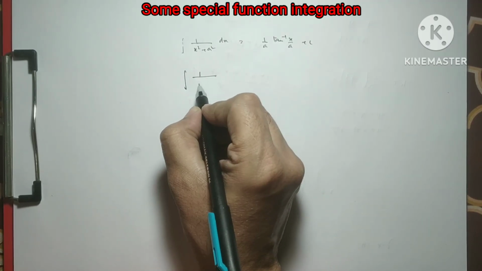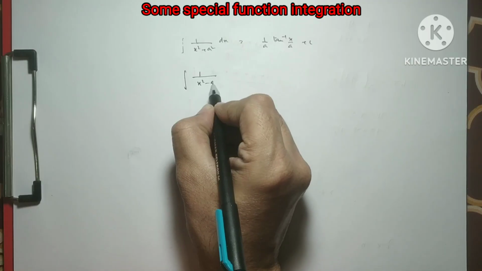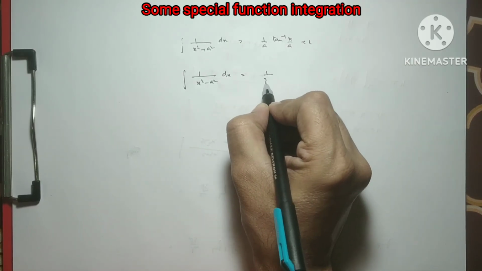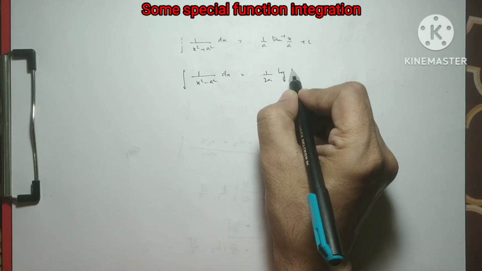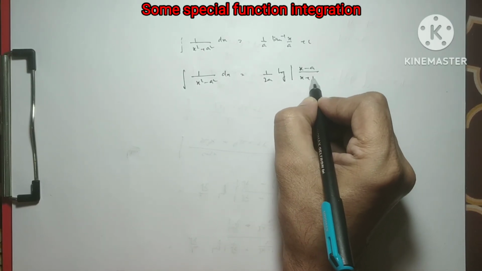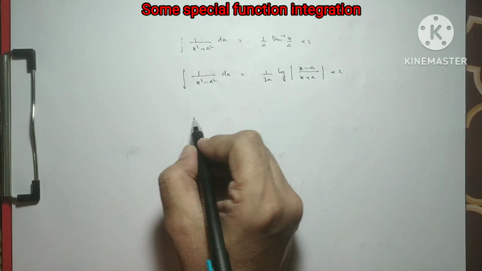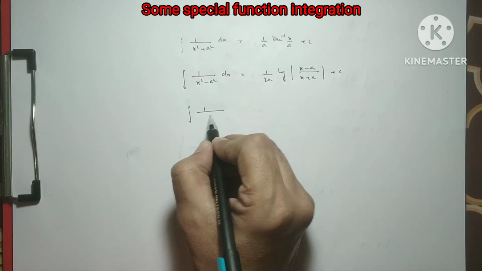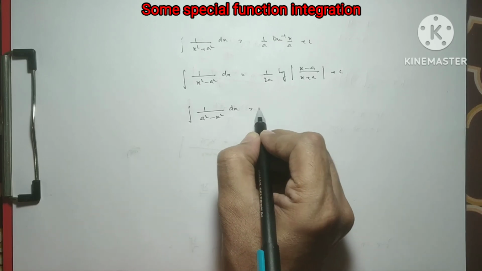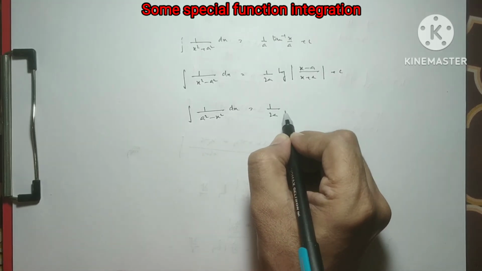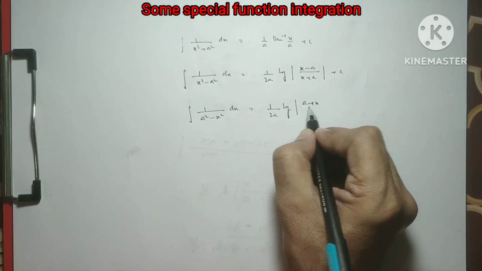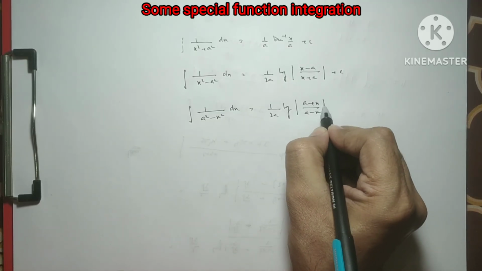Next is 1 over x square minus a square, that is 1 over 2a log of (x minus a) over (x plus a). And 1 over a square minus x square is 1 over 2a log of (a plus x) over (a minus x).